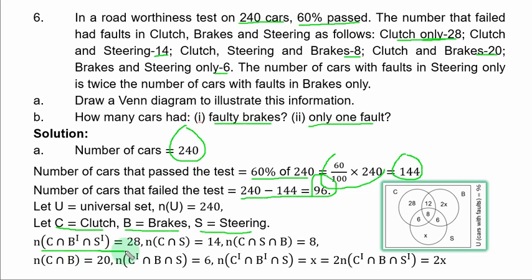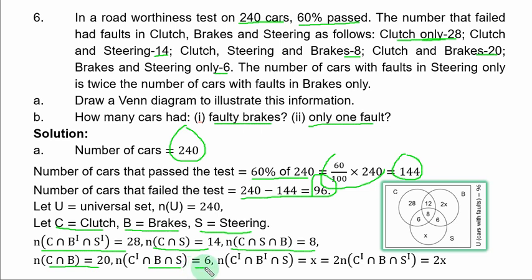You have 28. Crash and steering you have 14. Crash, steering, and brakes, the intersection of the 3 faults is 8. Crash and brakes you have 20. Now brakes and steering only, no business with crash, that is 6.